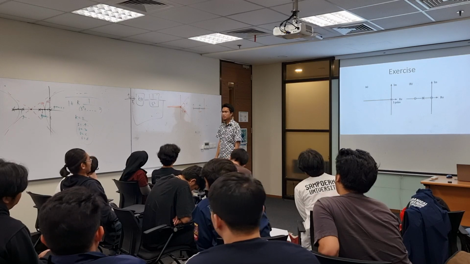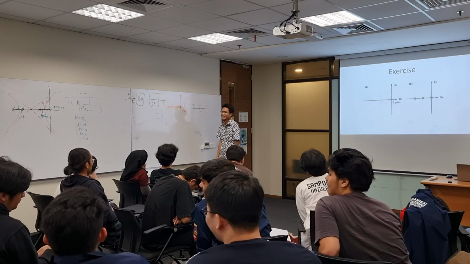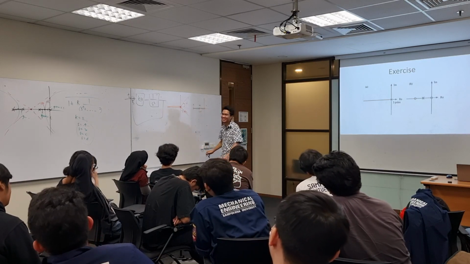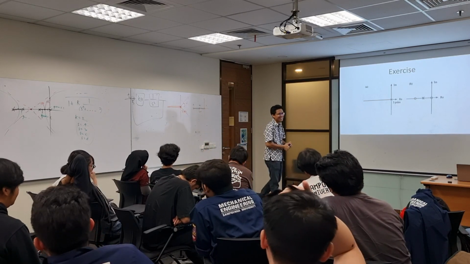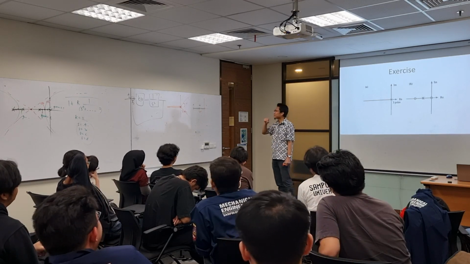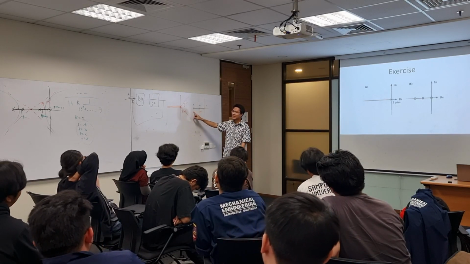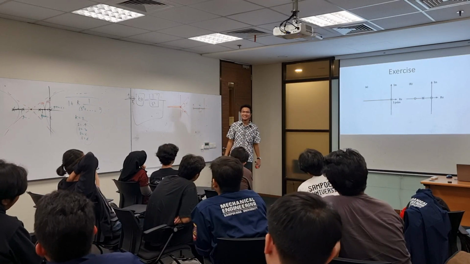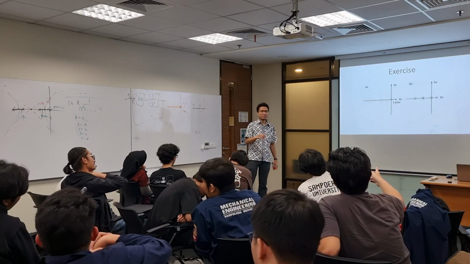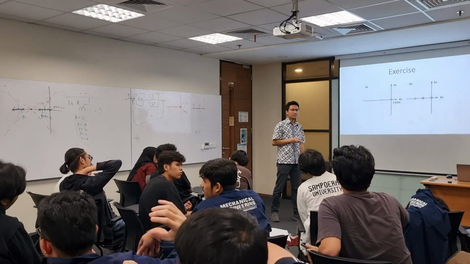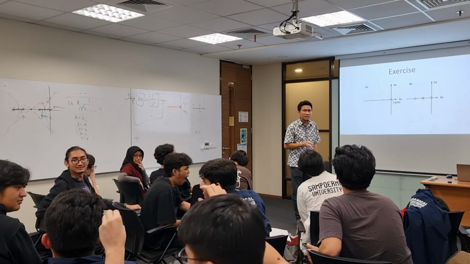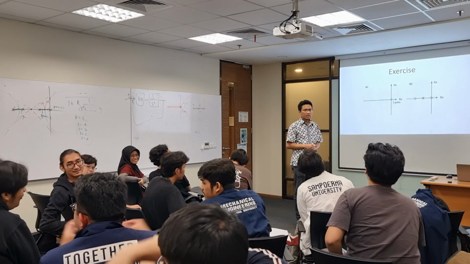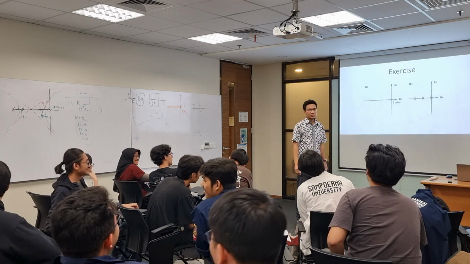Why does it have to be a circle? It has reached the zero already. Yes, that's the circle. If it has reached zero already, then you sketch the root locus.